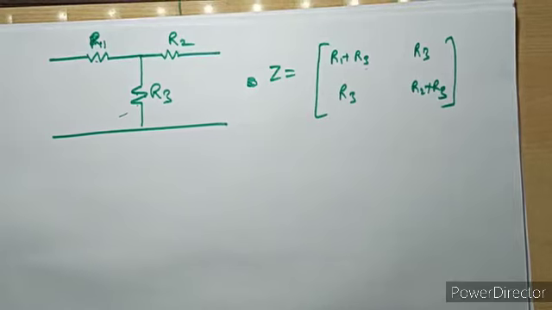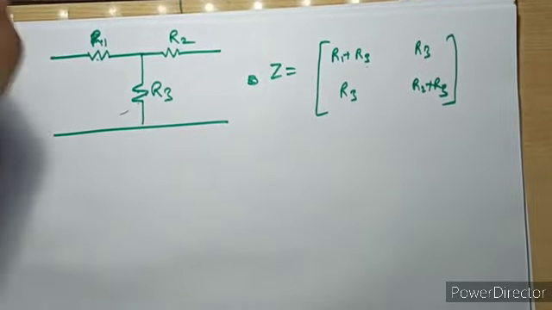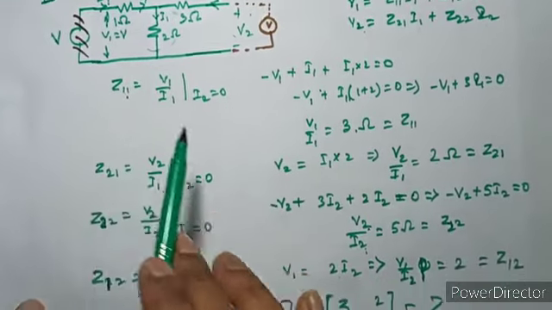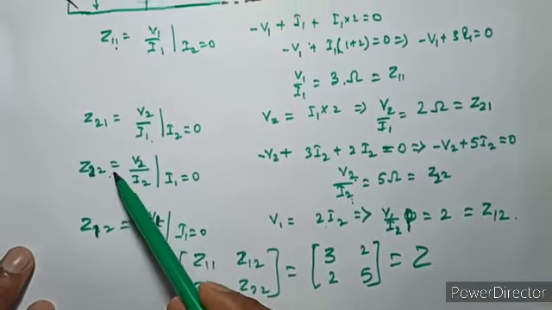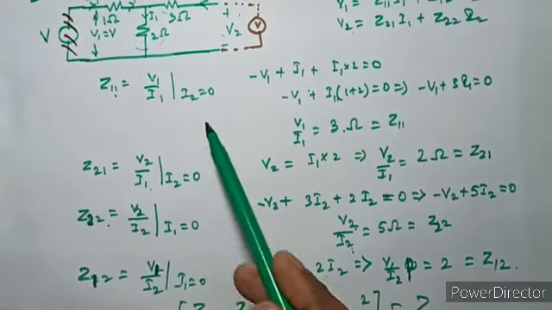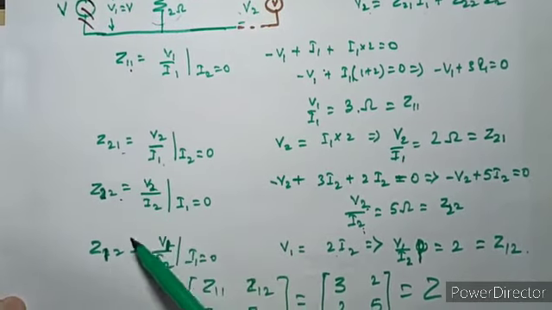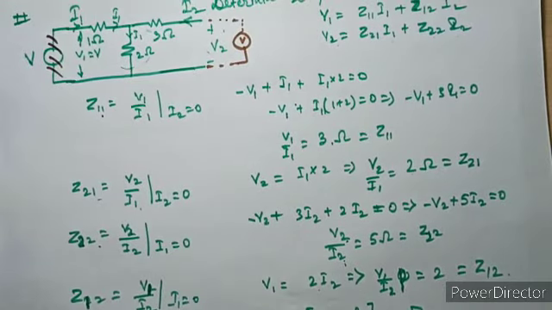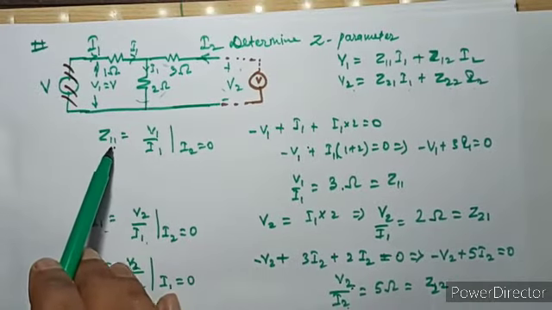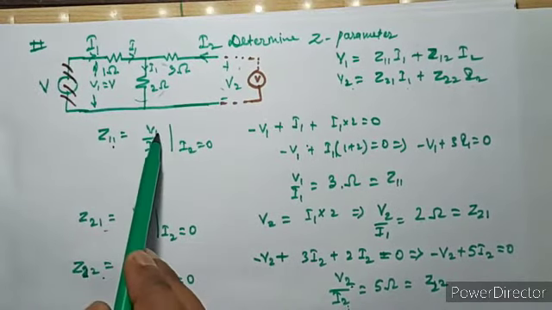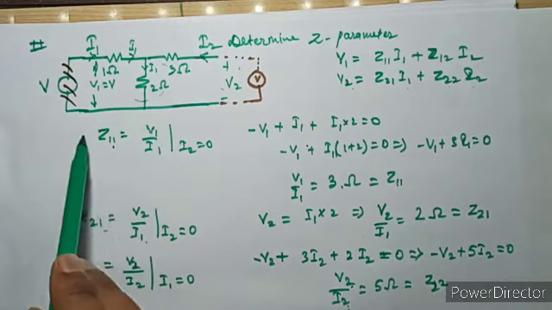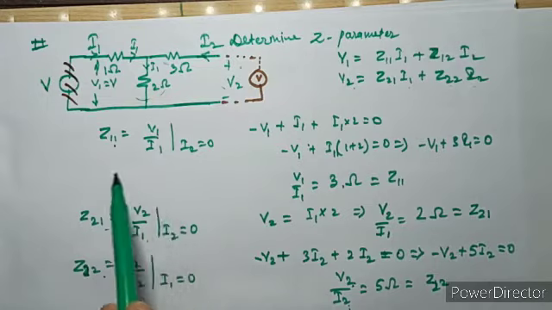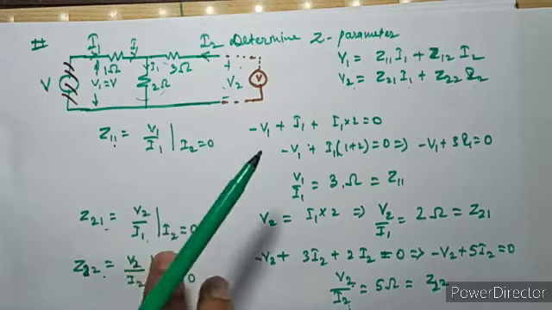One more thing to mention here is that Z11 and Z22 are also called driving point impedances, and Z21 and Z12 are called transfer impedances. Why? Because Z11 involves only the input voltage and input current, so this parameter is called the driving point impedance at port 1.